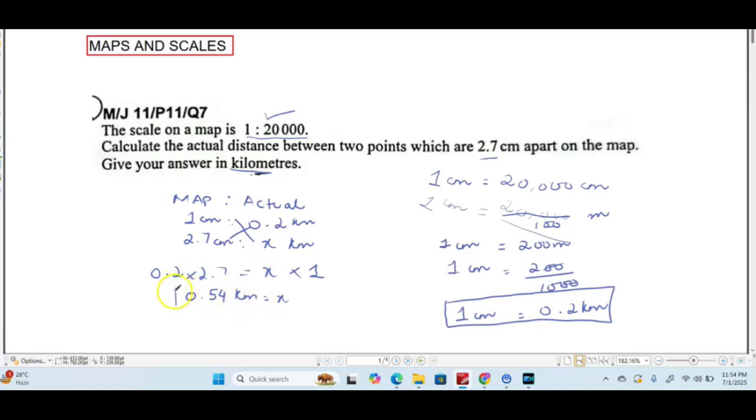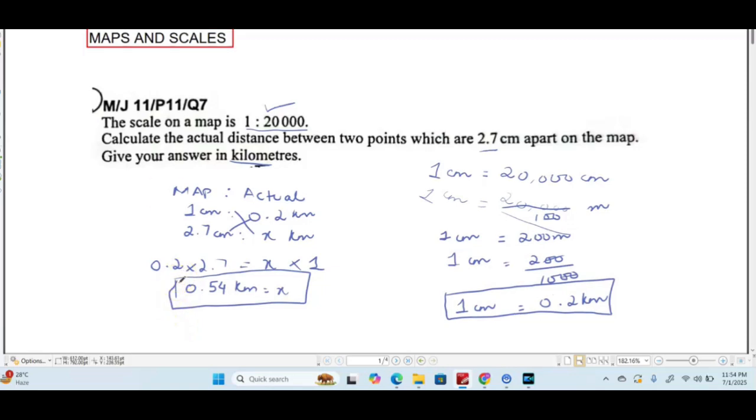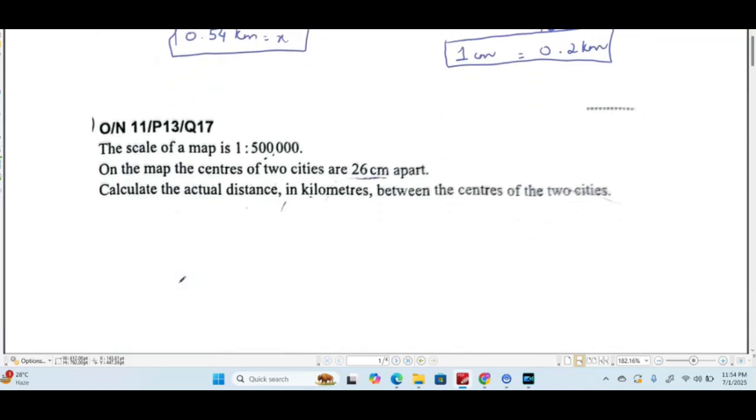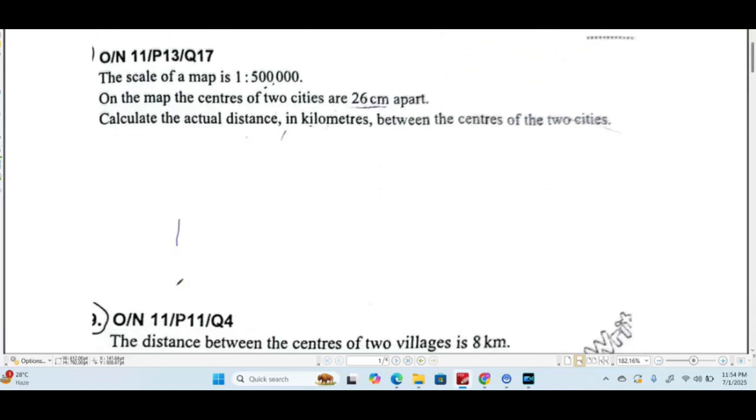So this is your answer. See how easy this is. We'll just keep on doing these questions, and as we do the questions, you will get a fairly reasonable idea how to do them. And inshallah, you will be mastering them until I reach the last question.